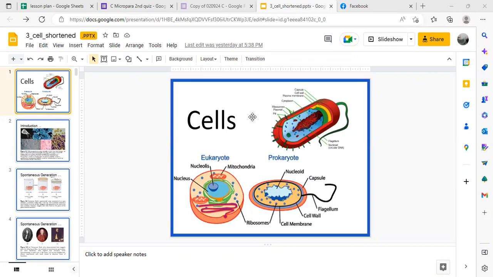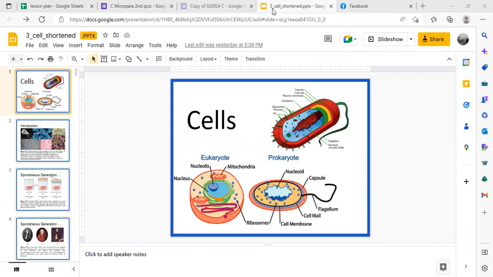Okay, so tama. So basically, pag mga prokaryotes like bacteria, in general, you can see the diagram there. You can see that the prokaryote doesn't have a nucleus.